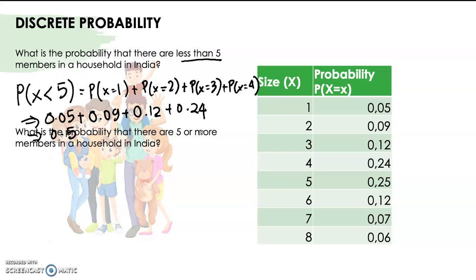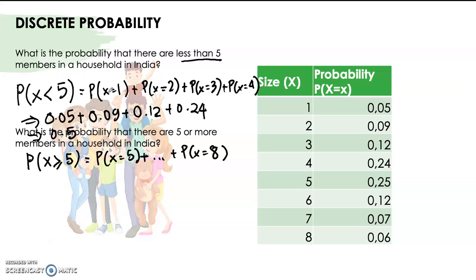The next one, the probability that there are 5 or more members in a household. Since we have worked on less than 5, we can use the complement rule here. If we make the symbol, P(x 5 or more) is equal to P(x=5) plus and so on plus P(x=8).